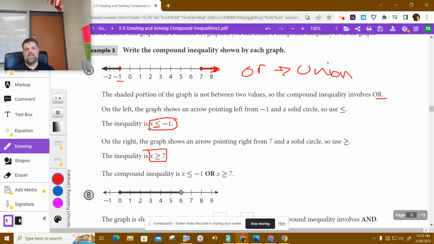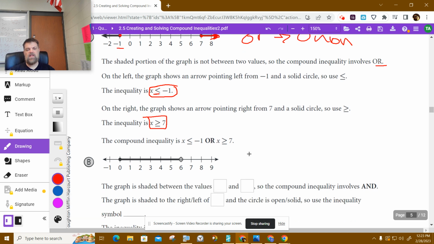Oh, why did they put x is less than or equal to -1? That's right. So the compound inequality is this. I'm sorry, I'm getting the two things confused. They're just stating that the compound inequality is this or this, right? x is less than or equal to -1 or x is greater than or equal to 7.